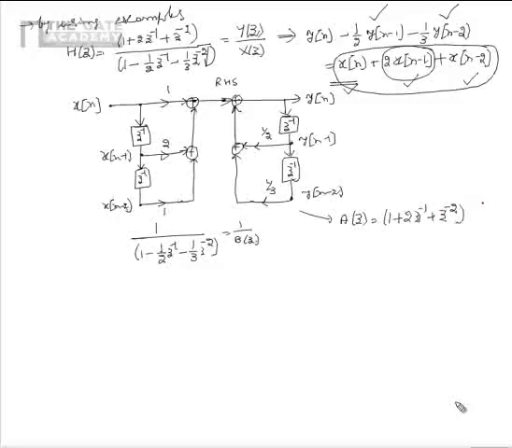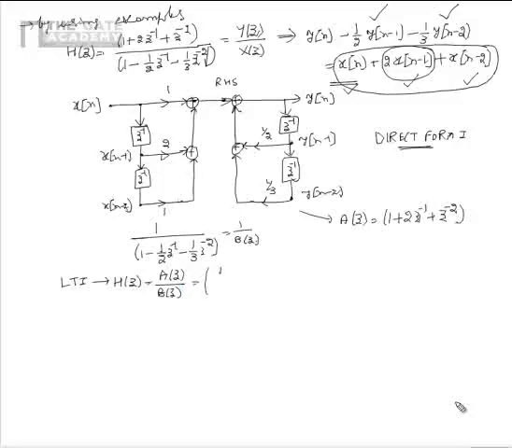Please note that the implementation that we have done just now is called direct form 1 implementation. We are realizing these filter structures for an LTI system of system function H of z that is equal to A of z divided by B of z.